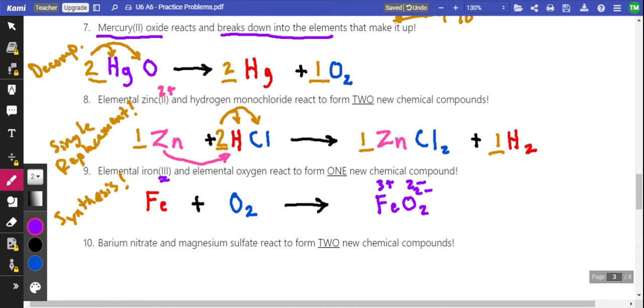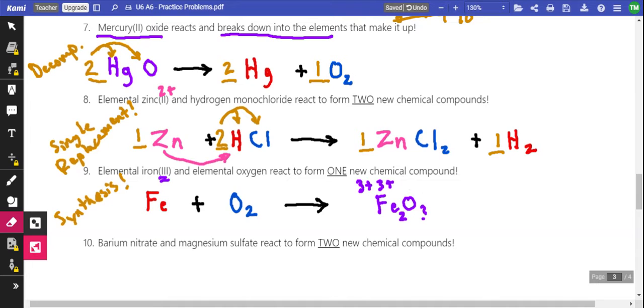Otherwise I can't hit that nice balance between canceling out all the positives with the negatives. So let's put two irons in here. See what happens. So we've got a positive 3 and a positive 3. So total, that makes positive 6 charge on our iron.